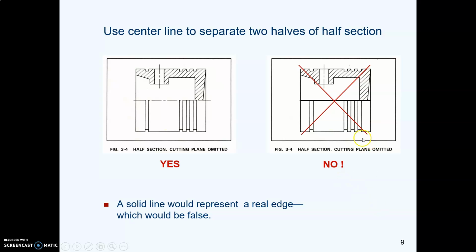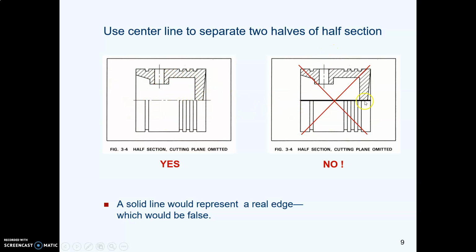Beginning drafters sometimes make the mistake of drawing a solid line right there, and that is not correct, because a solid line tells the reader, hey, there is an edge here. And your machinist is going to look at that solid line and think, oh boy, I'm supposed to be sawing something. And that was not what you meant. You just meant you're showing a half section.